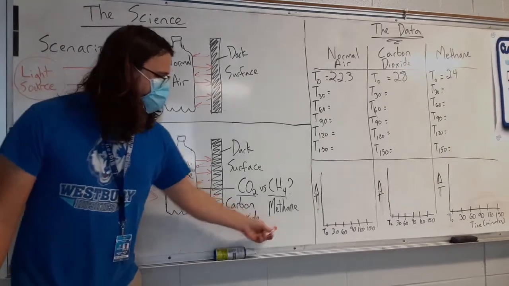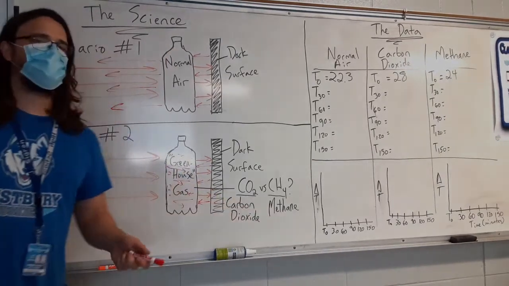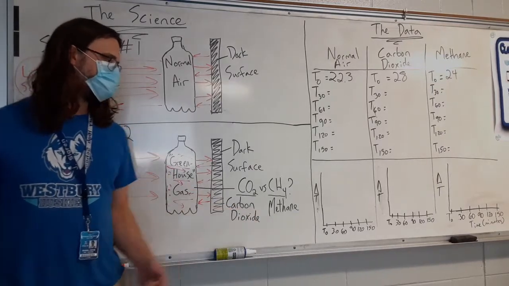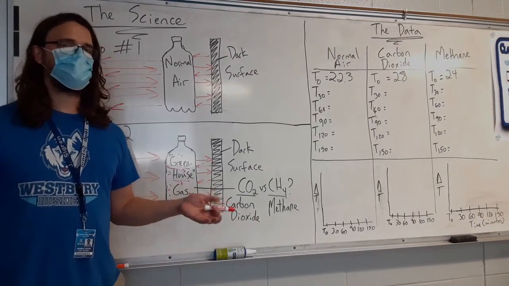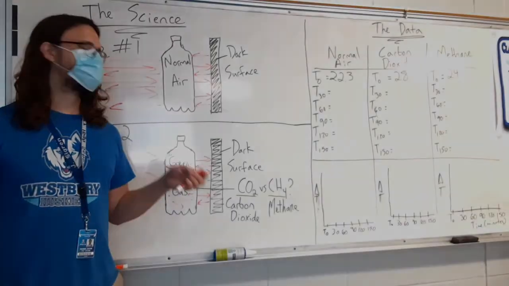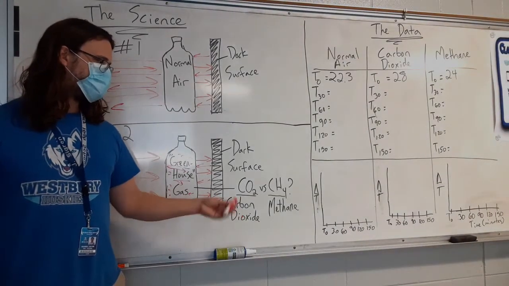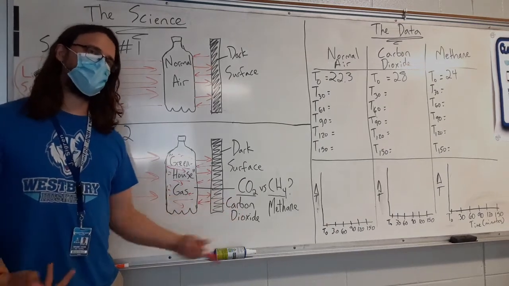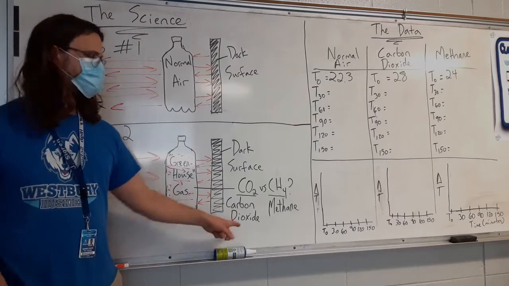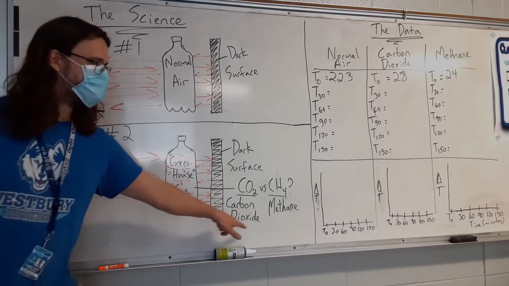Our next comparison is we have 2 different kinds of greenhouse gases that you've learned a little bit about so far: carbon dioxide and methane. Carbon dioxide generally comes from burning fossil fuels and various industrial processes. So anytime we're burning coal, oil, and gas, or certain industrial processes like making concrete, those generate carbon dioxide.